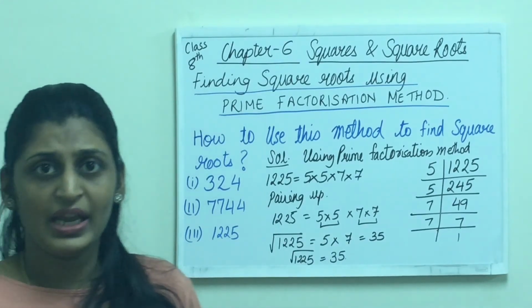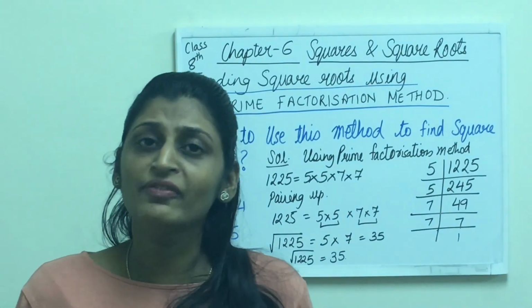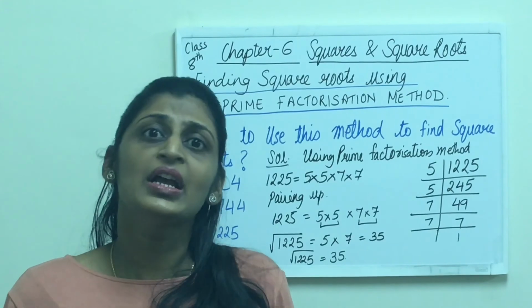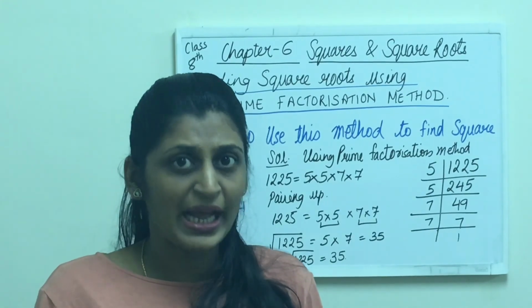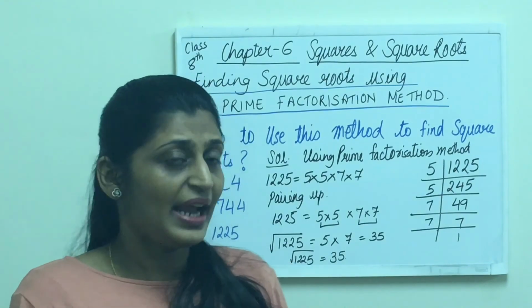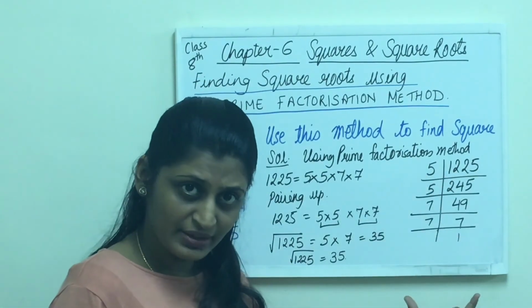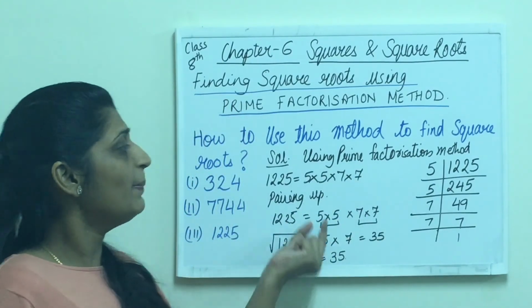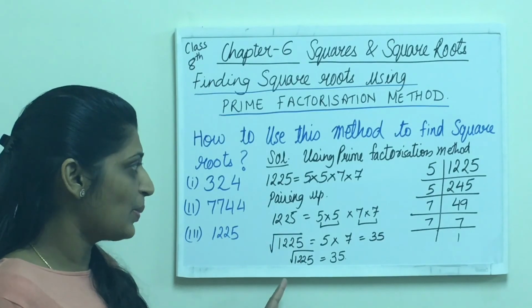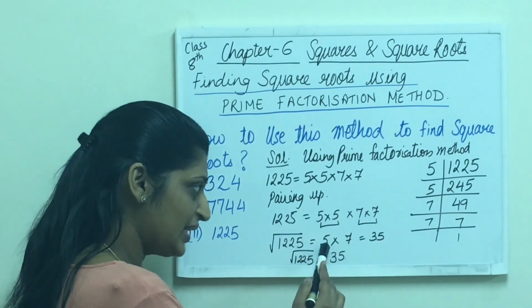This is the way in which we can find square roots by the prime factorization method. We all know that if a number is a perfect square, then each factor will definitely appear twice, right? So, first of all, we will find the prime factors, then we will pair the similar numbers, and to find the square root, we will take a single number from each pair. From two 5s we will take one 5.